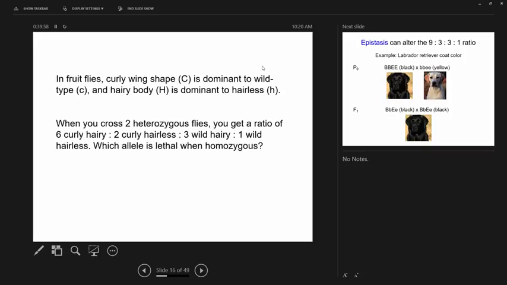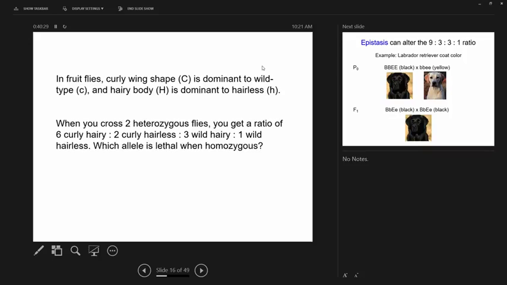All right, so 6, curly, hairy. So curly is dominant and hairy is dominant, right? So what is the genotype of this class going to be? Well, big C, big H, but there could be also heterozygotes, right? So this is going to be big C blank, big H blank, right?